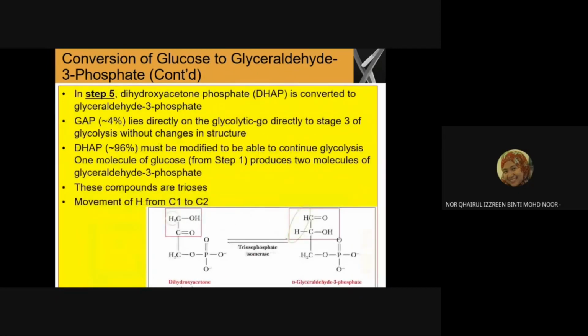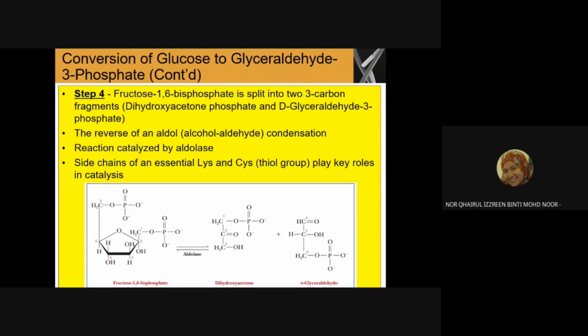In step number 5, this DHAP is converted to glyceraldehyde 3-phosphate. Before that, in step number 4, fructose is split into two, DHAP and glyceraldehyde 3-phosphate.